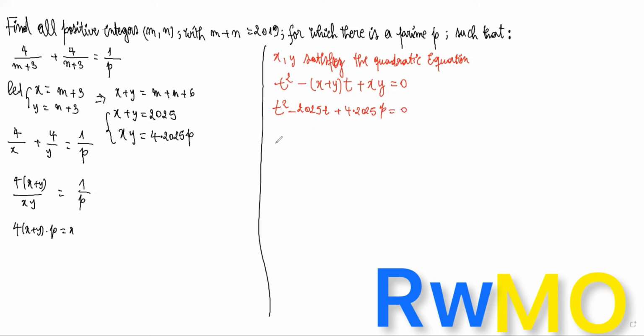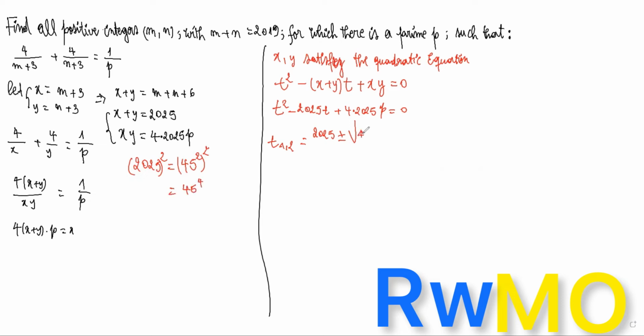Now here, you can just use the quadratic formula to find the value of t. So t1, t2 is 2025 plus or minus the square root of. Here, it's easy to observe that 2025 is a perfect square, it's 45 squared. So if you take 2025 squared, you're just squaring a perfect square, so 45 squared squared, which is 45 to the 4th power.